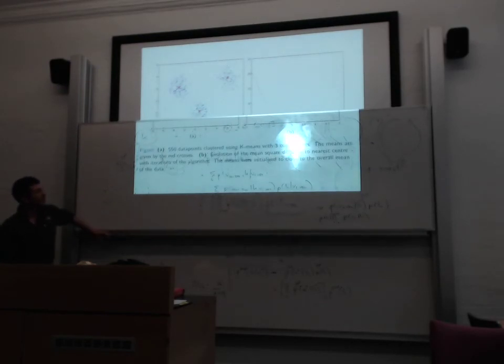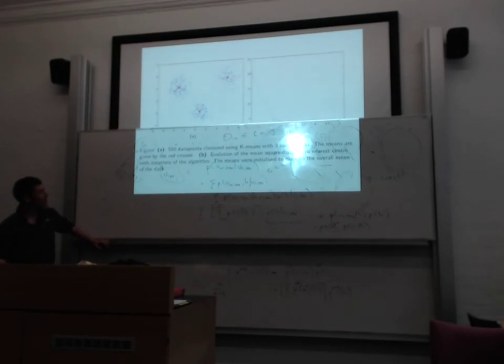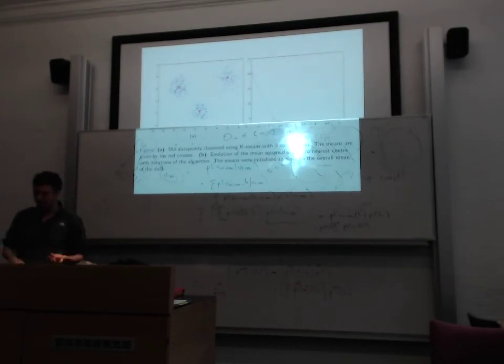The final thing to say is that in practice, when you do the Gaussian mixture model, you initialize your covariance matrices to be very, very broad in the beginning, because if you initialize them to be extremely narrow, each Gaussian doesn't really feel the presence of the data points very far away from its mean, so it doesn't get a good understanding of the global structure of the data. So typically, you initialize your Gaussians with very wide covariance, so they can get a sense of where the data is.